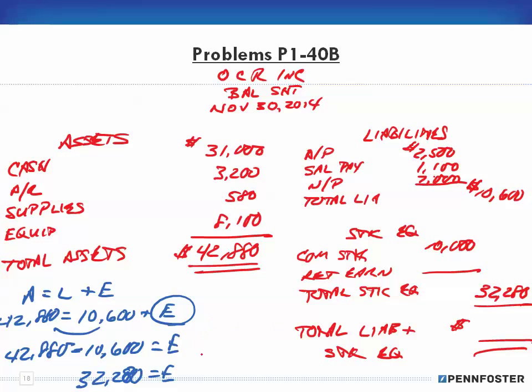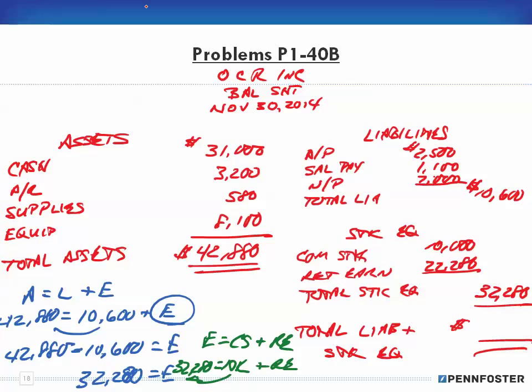So remember, equity is equal to my common stock plus my retained earnings. So if my common stock is 10,000, and my equity is 32,280, so my retained earnings has to be $10,000 less, or 22,280.